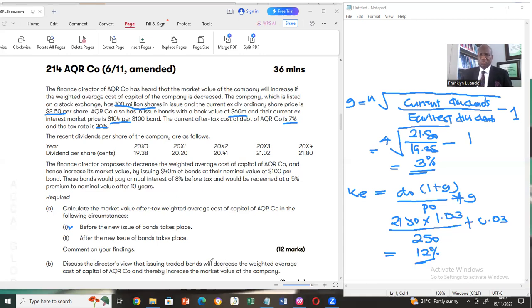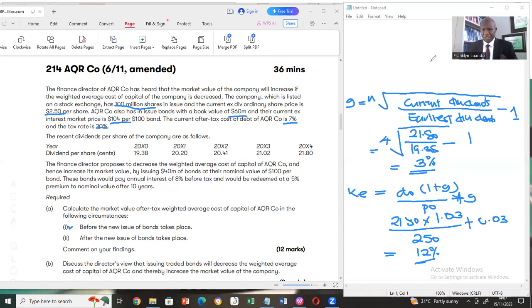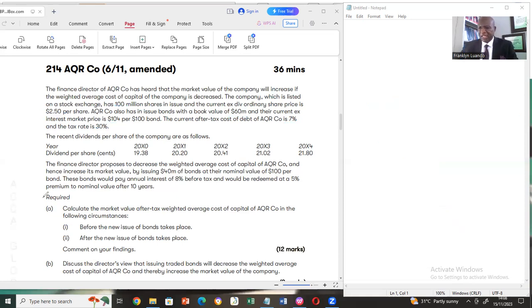After we are done with that, we need now to do the market values.